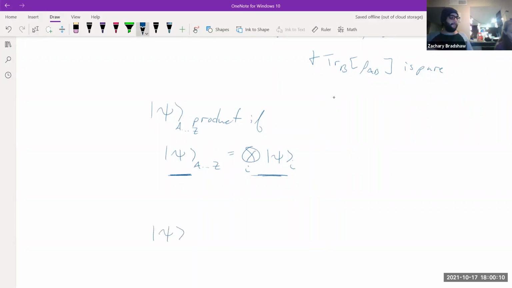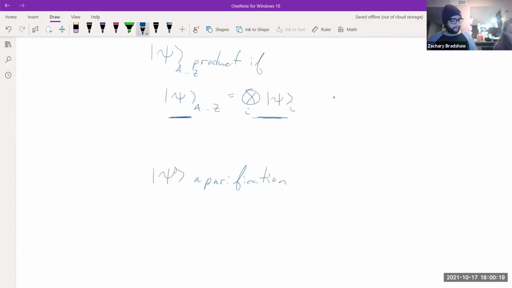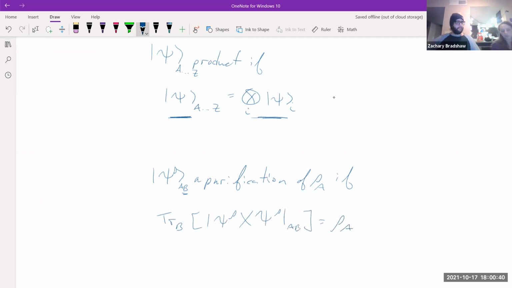So this purification, mathematically, that's just written this way. So this is the purification of rho. So you say this is on AB and this is on A. You trace over your purifying system, or the extra bit you added on, and if this gives you back rho, that's all a purification is.